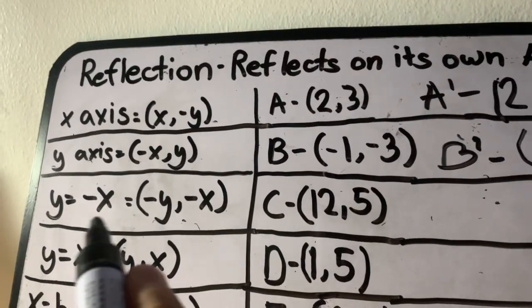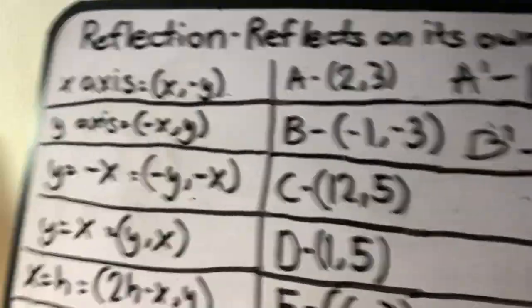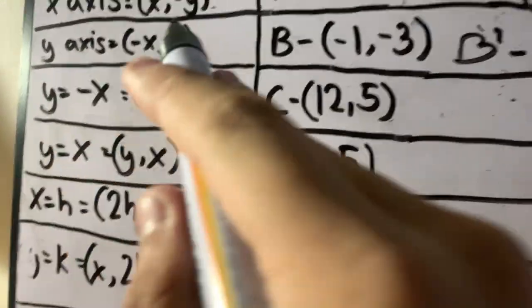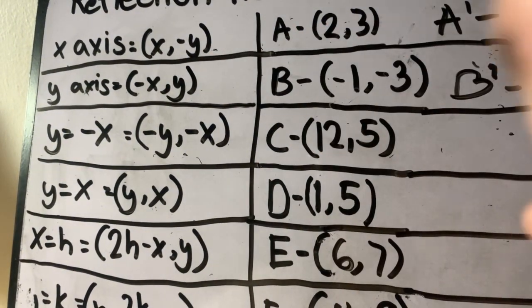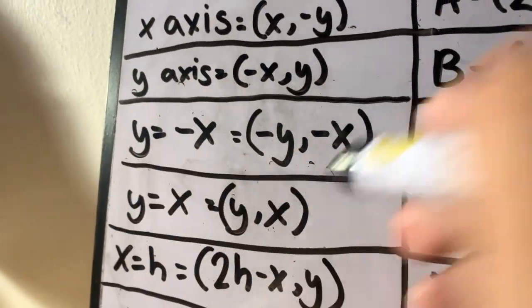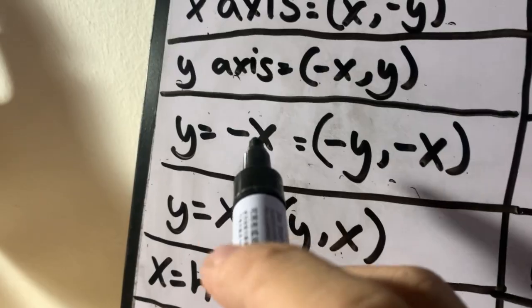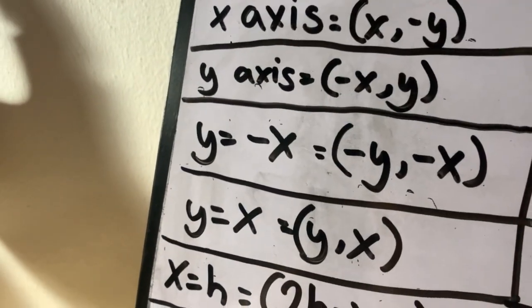Now let's go to the more complex one. Here, instead of x and y, we switch them, so it becomes y and x. That's why it says y, x here. So we're going by order. But x has a negative sign, so we multiply both by -1. That's why it became -y and -x.